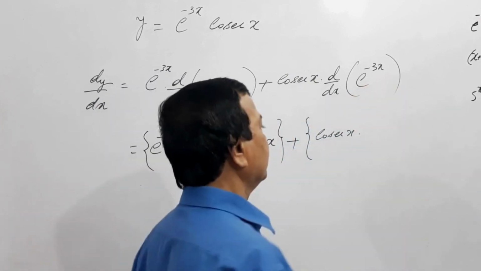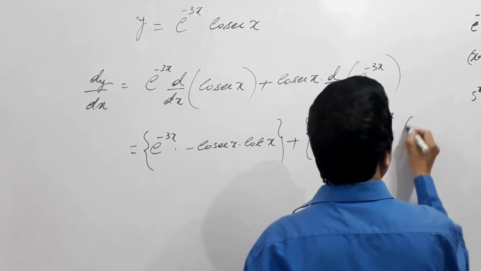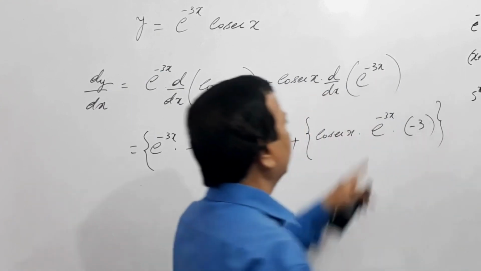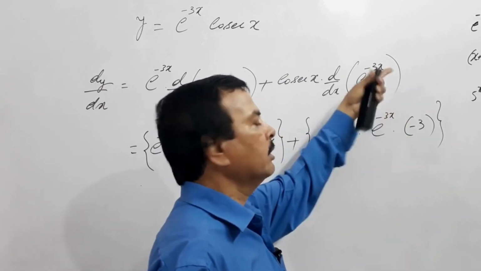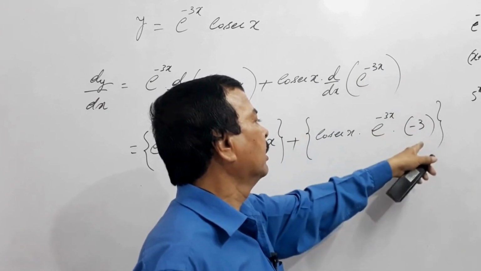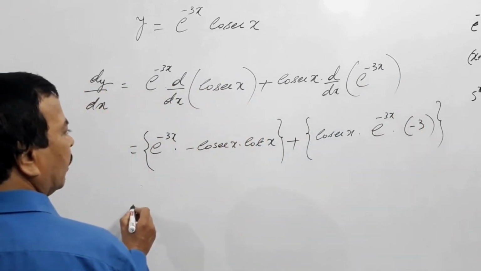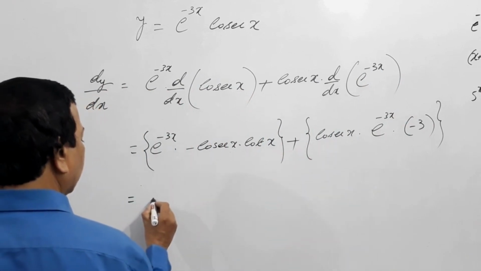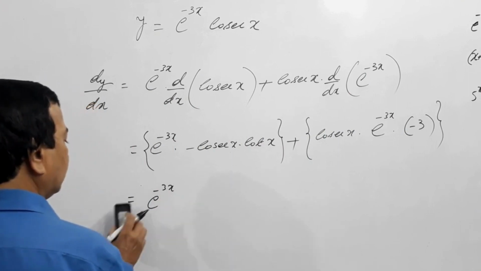Remember this. So it becomes e to the power of minus 3x into minus 3. So you have minus 3. If it was plus, it should have been plus. So we remove this bracket. What is common there? e to the power of minus 3x and cosecant x. I'll take this minus value outside.